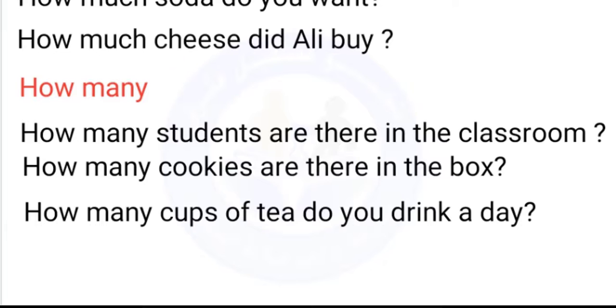So, the main phrase we talk about is how many. As we did with how much, look at the words that come after how many. Number 1, students. Number 2, cookies. And number 3, cups. What do you observe?